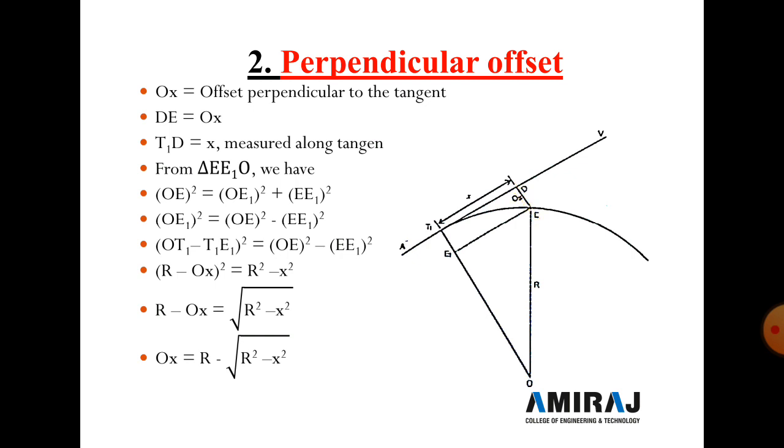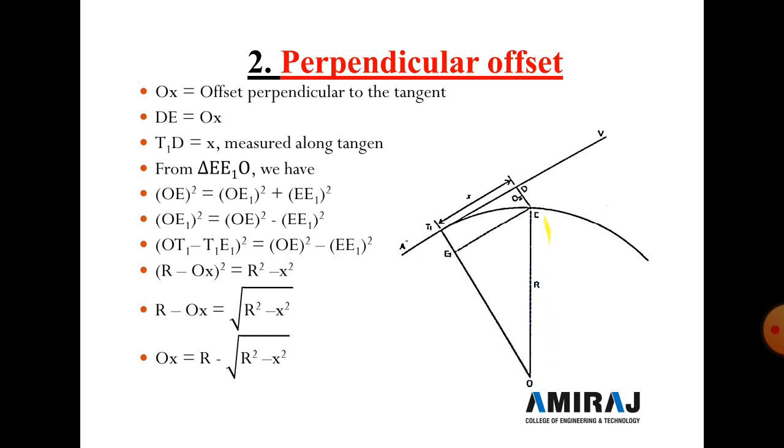Now OX is the offset perpendicular to the tangent, this value, and DE is the OX value, and T1D is the x value. Now from the triangle E1O, we apply the formula OE square is equal to OE1 square plus EE1 square.